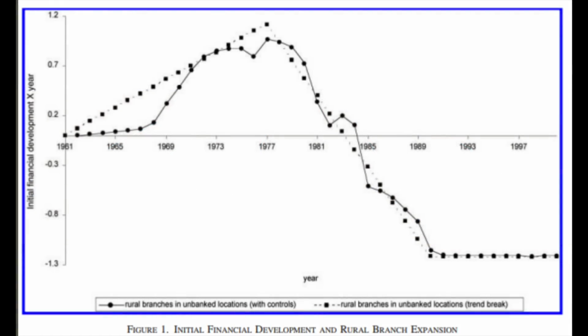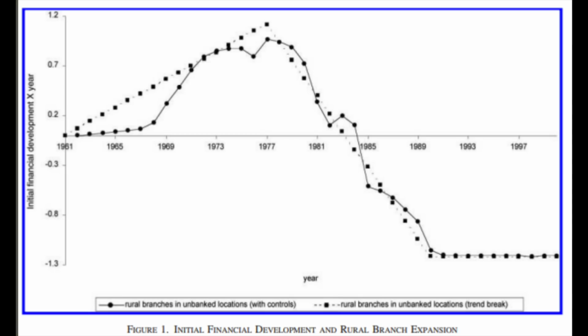Here you see a graph that shows the relationship between branch openings and initial financial development. Basically, what this graph shows is that there were more branch openings in rural unbanked locations that had greater initial financial development between 1961 and 1977, which is the positive trend you see there in the coefficient going upwards. The trend is reversed in 1977.